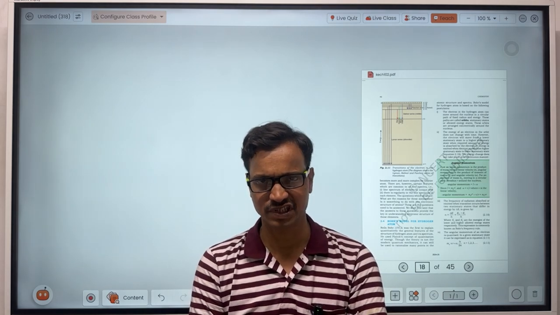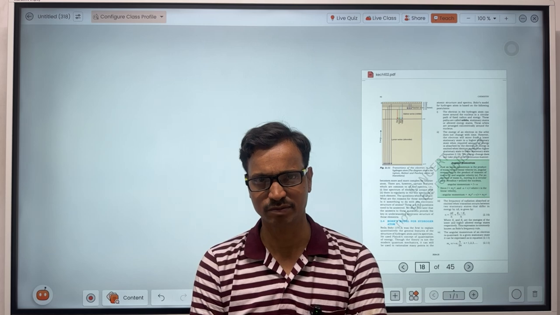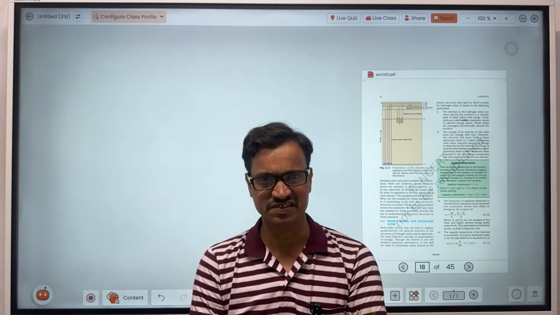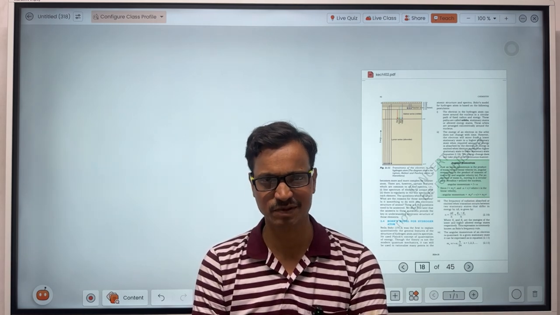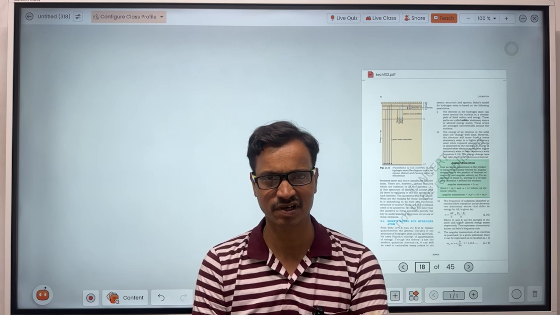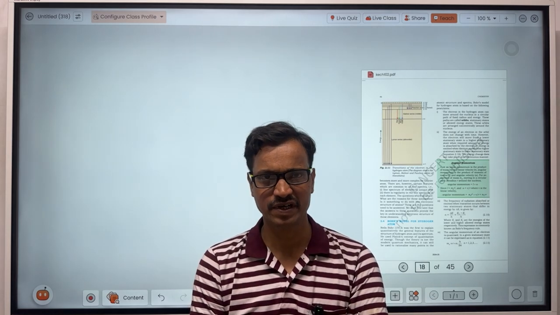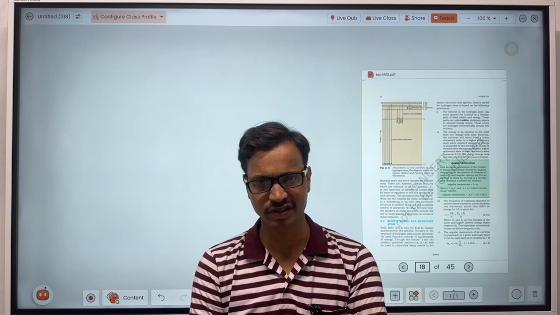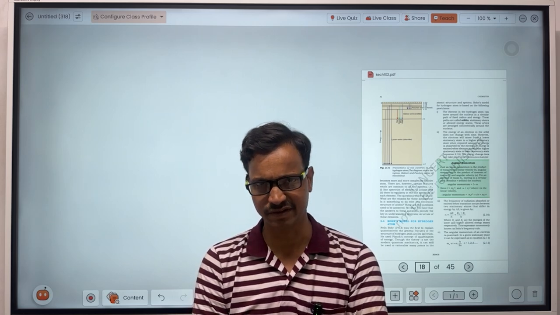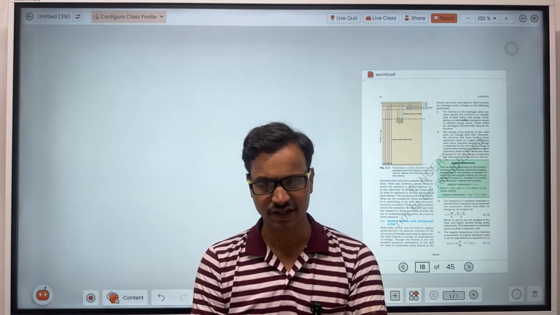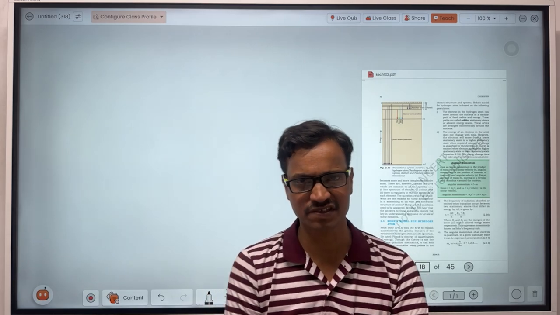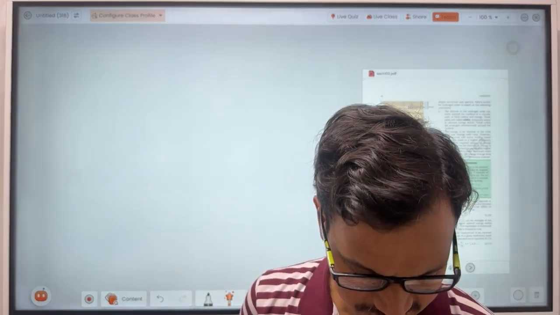That could be stated only when both position and momentum of the electron can be calculated precisely. But according to Heisenberg's uncertainty principle, both position and momentum of the electron cannot be calculated simultaneously beyond a certain accuracy.